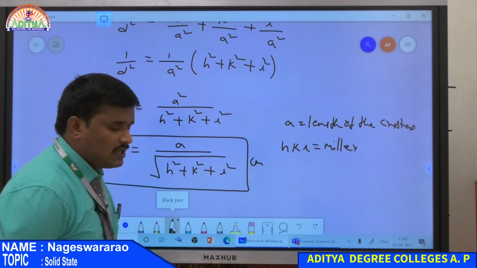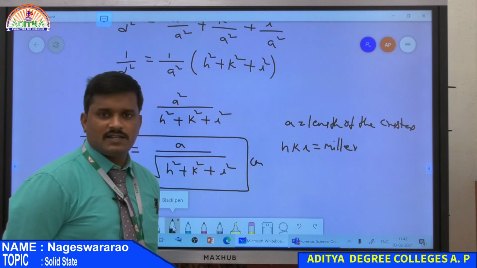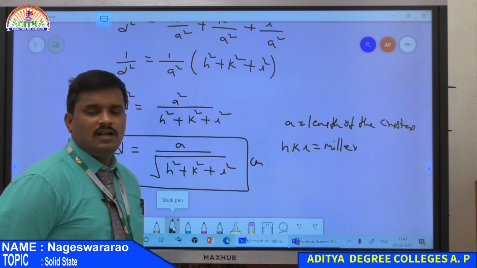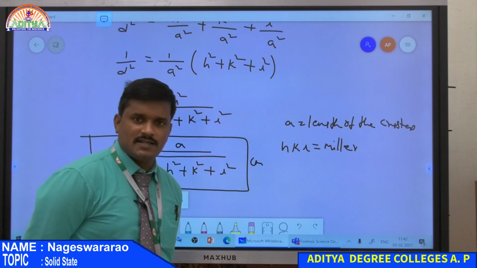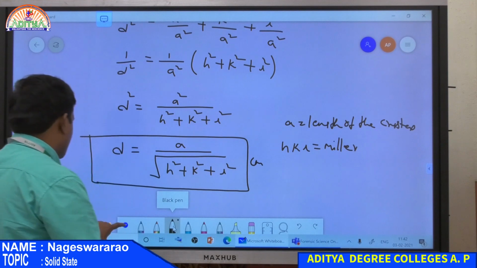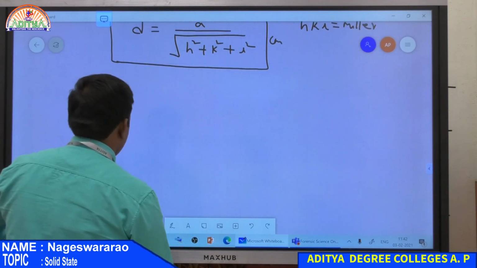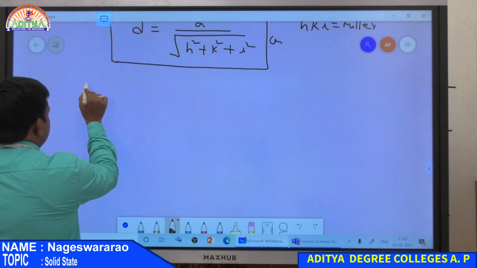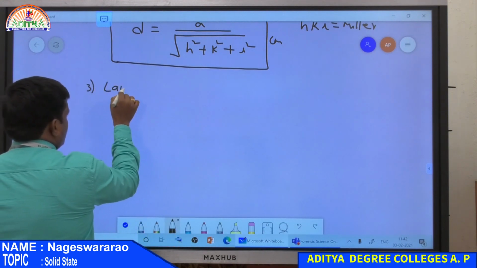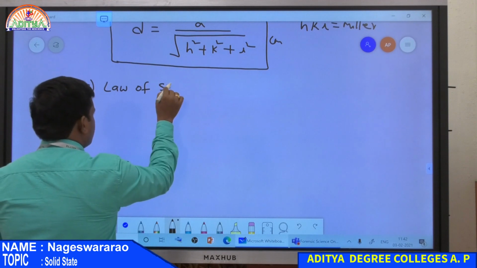So the first law is the law of constant interfacial angles, and the second one is the law of rational indices. And now the most important third law, that is the law of symmetry.